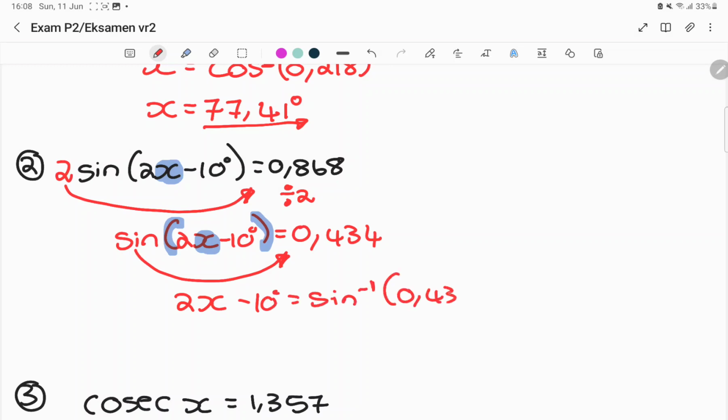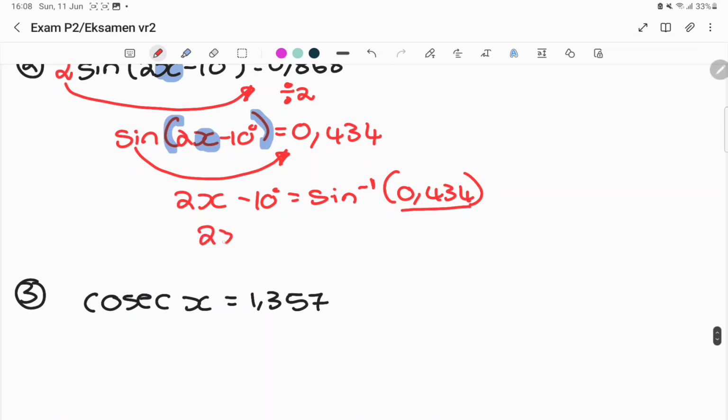Alright, now remember, to get that on your calculator, you're going to say shift, you're going to say sign, it's automatically going to give your bracket, and then you're going to put in this part. So you're going to put in 0.434, close your bracket. Alright, so this will give me 2x minus 10 equals to 25,72167, etc.